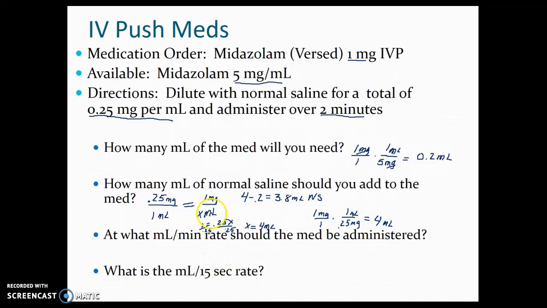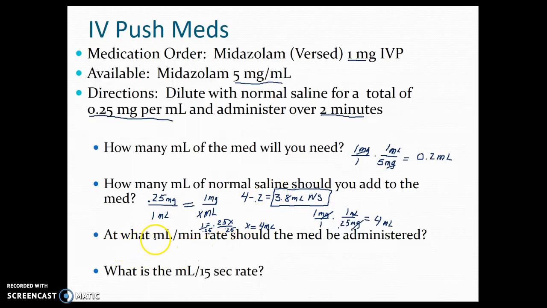I like to set this up with the proportion first because it emphasizes the idea that I want to keep that strength, that I have the equal fractions. Truly, the dimensional analysis does the same thing of canceling the label of milligrams, and so if you normally use dimensional analysis, you can stick with that method. Either way, we have to go back and subtract the med from that total, and that's how we end up with the 3.8 mLs of normal saline.